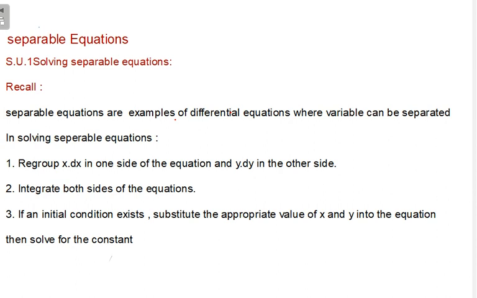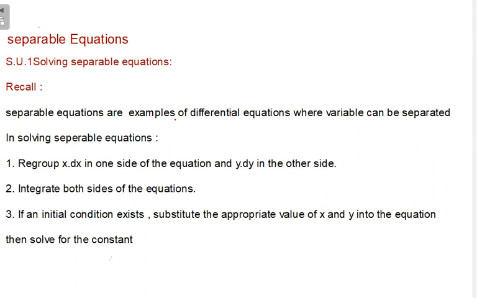Then we do the integration using the different methods of integration, like substitution, integration by parts, trigonometric functions, and so on. If there is an initial condition, we can substitute the appropriate values of x and y in the function, and we can solve for the constant.